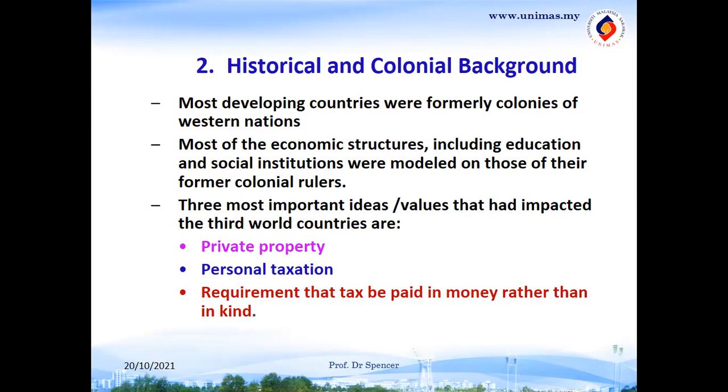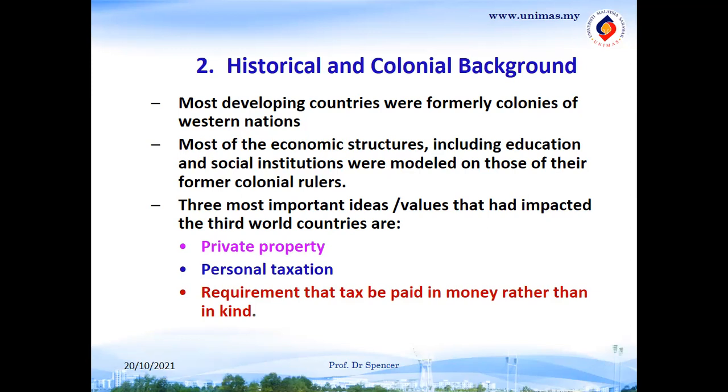Yeah, so most of the developing countries were formerly colonies of Western nations, and most of the economic structures, termasuk system of education and social institutions, were also modeled on those of their former colonial rulers.